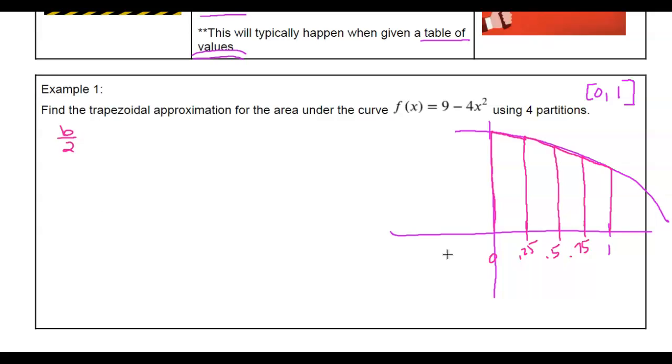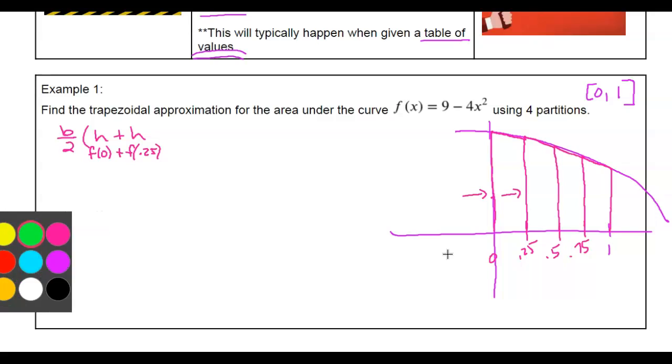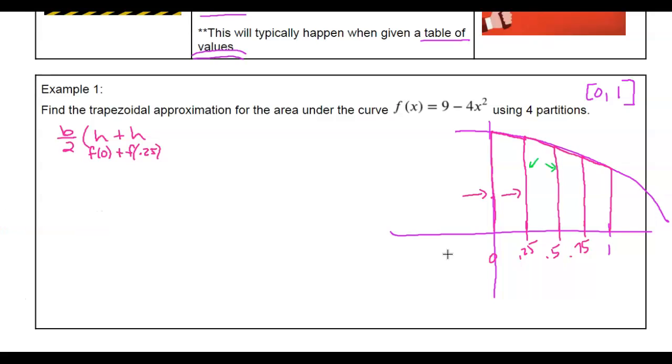So notice, and I'll show you, I'm going to bring that formula back up, but height plus height. This would be used for my first trapezoid. I use f of 0 plus f of 0.25, okay? And then my next trapezoid, this is one of my bases, and this is one of my bases.